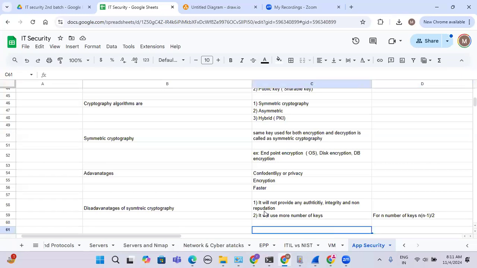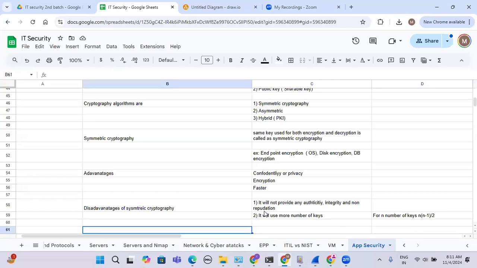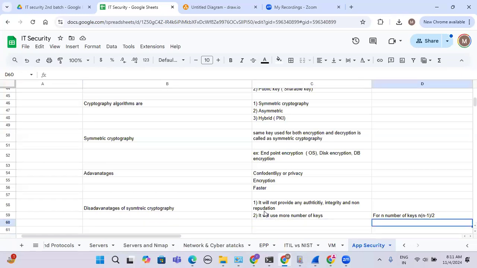Instead of n, you can substitute any number, then you will come to know how many keys will be exchanged. For example, putting n equals 10, 10 into (10 minus 1) by 2 will come as 45. So that many keys are required for the symmetric side. Now coming back here, it will use out-of-band key exchange and more number of keys.